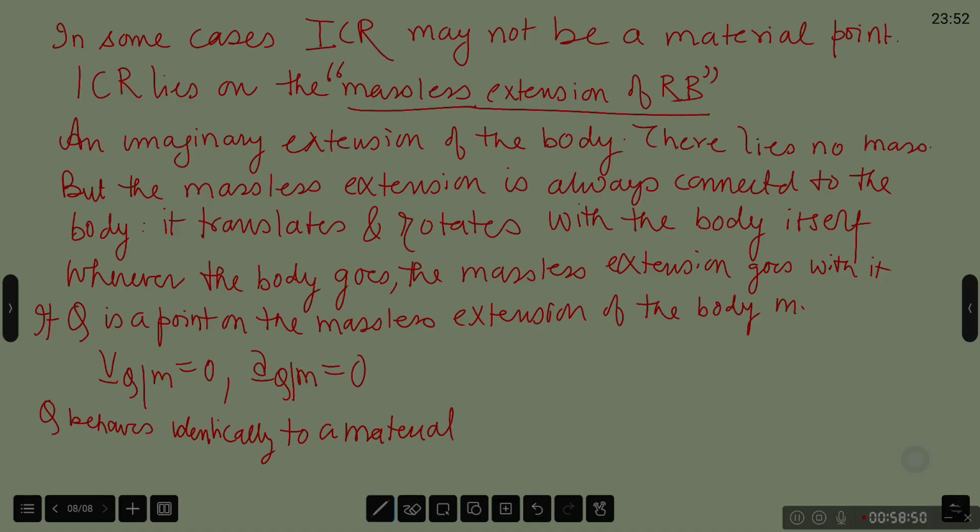Because VPM is 0 and APM is also 0. P is a material point on the body. We know that VPM and APM must be 0. Similarly, if Q is a point on the massless extension, VQM and AQM will also be 0.